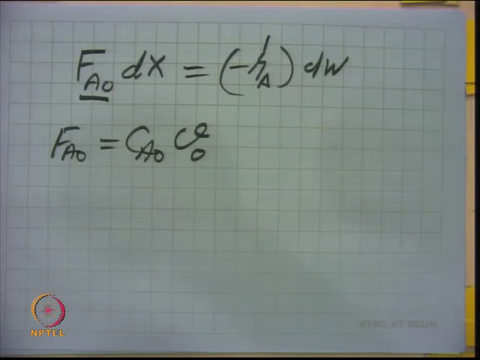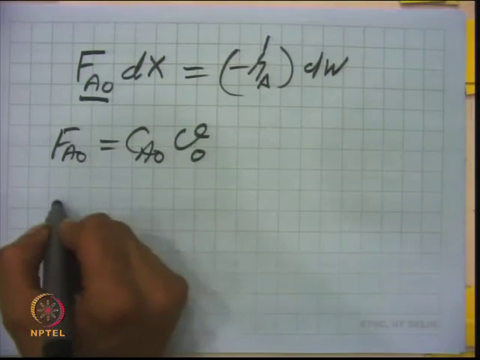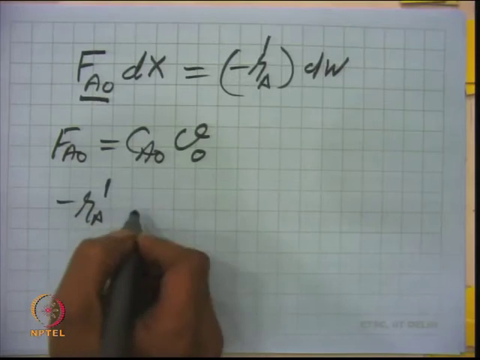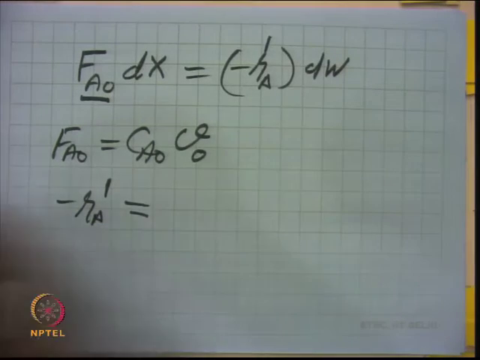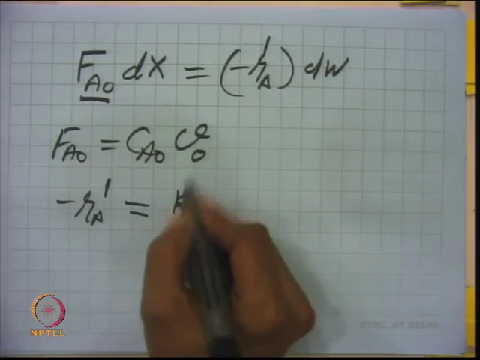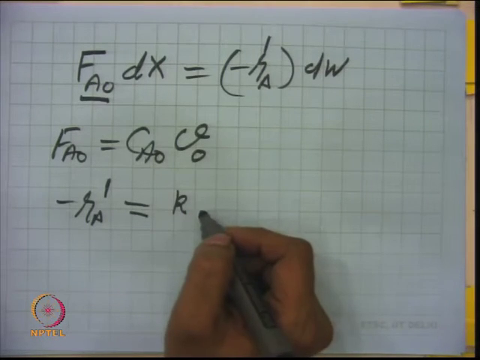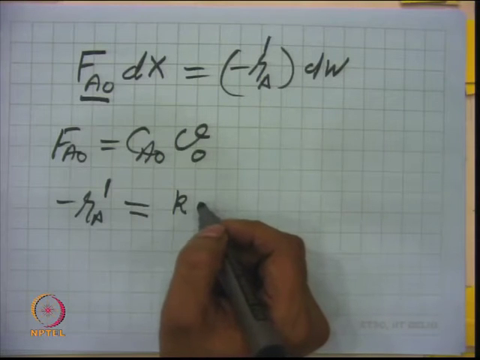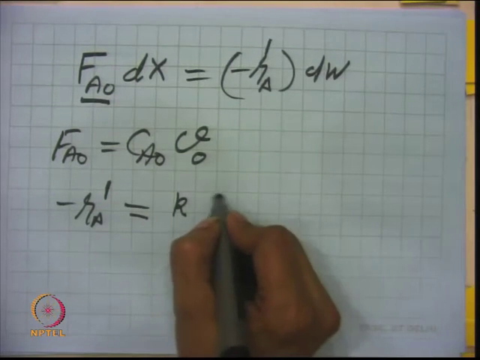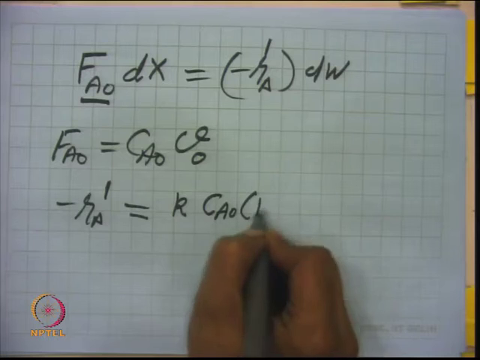And this minus R A dash, which I was talking about in terms of mass of the catalyst, your K will convert to something like a K dash, based on the mass unit, and if there is a diffusion limitation, the intrinsic rate is K times C A. So, C A will be nothing but C A naught times 1 minus x.